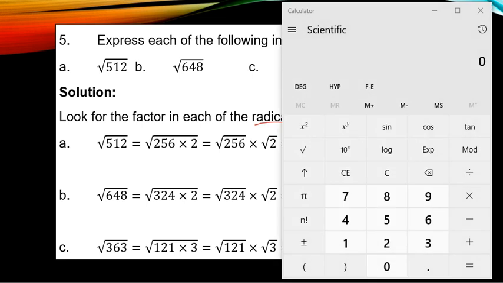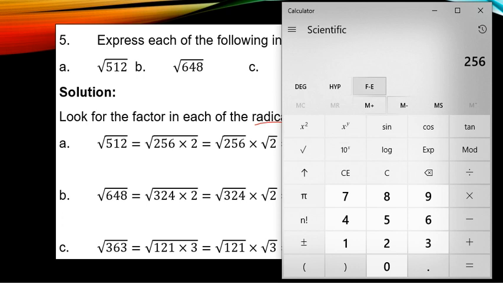So I'm going to divide 512 by 2 first. So I'll have 512 divided by 2, equal to 256. I'm going to check if the square root of 256 is a whole number.